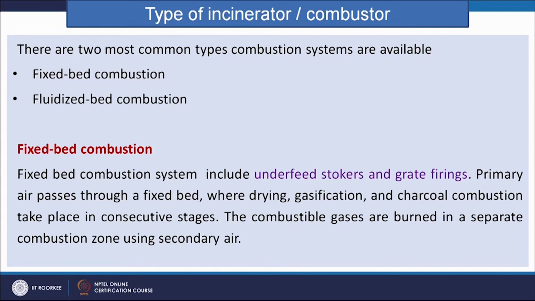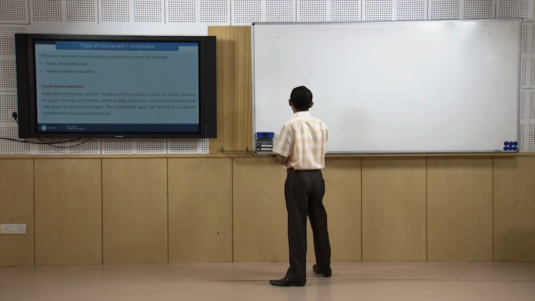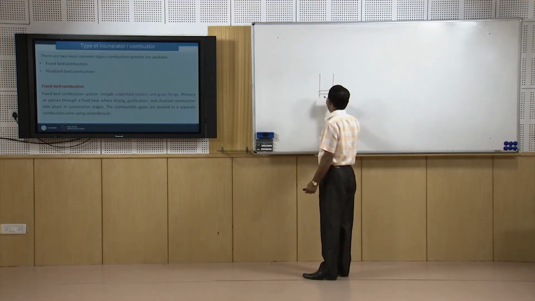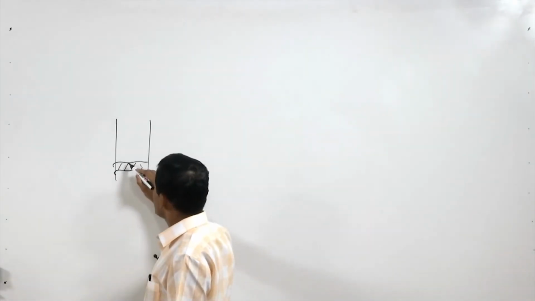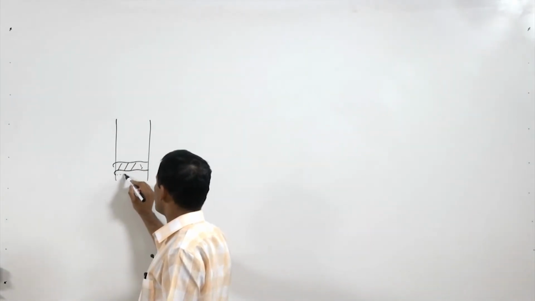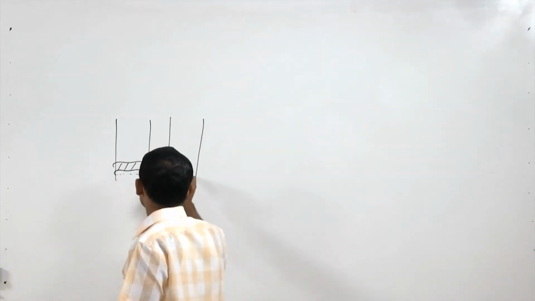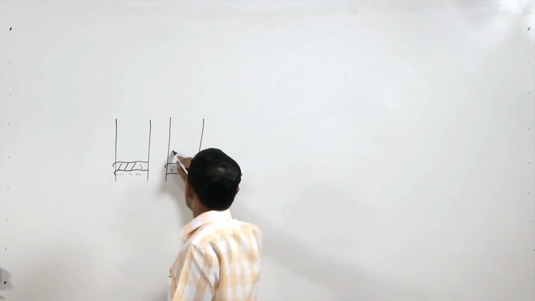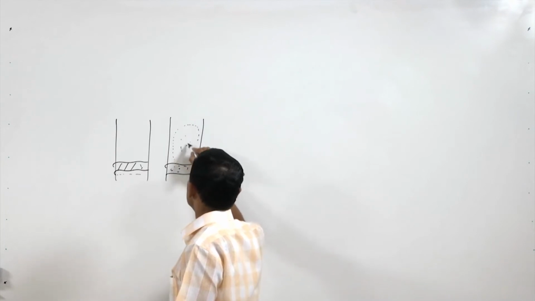Fixed bed means the material, here the solid waste or biomass, the bed will be fixed. So, this is your bed, fixed bed. This bed may shift from one place to another, but in a fluidized bed there is no fixed bed. All particles are in fluidized phase.